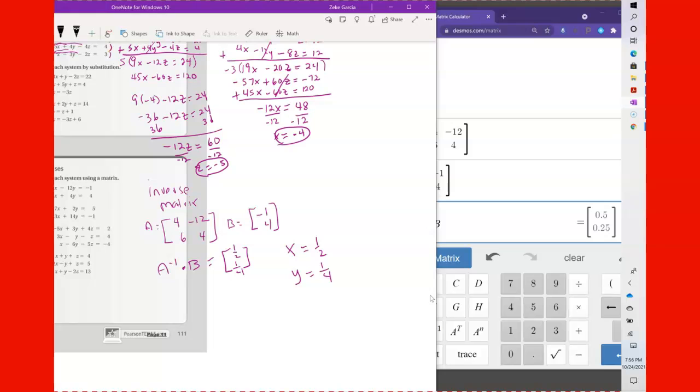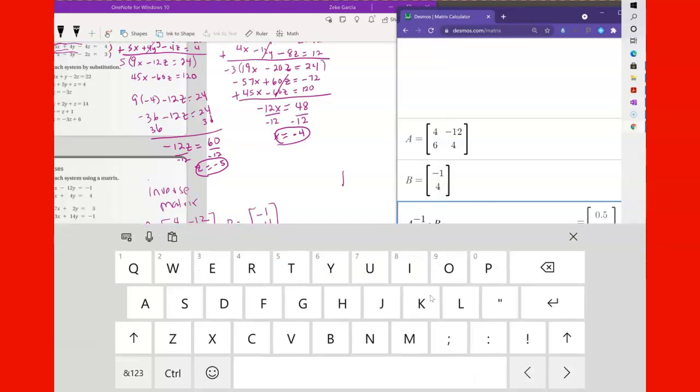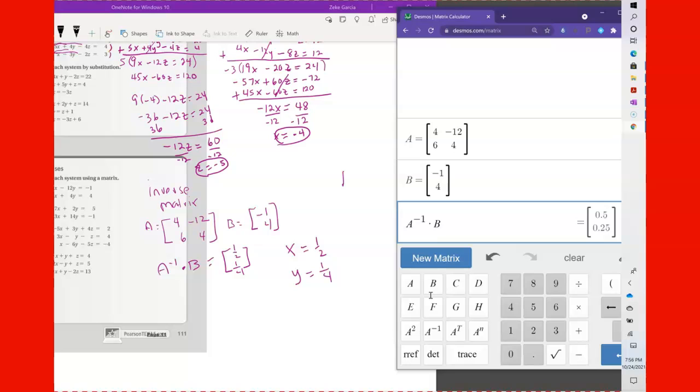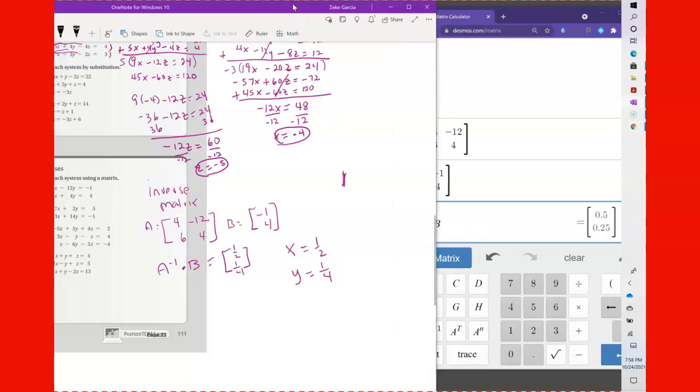And if you want to check with the augmented matrix, we can do that also. Let me write down the augmented matrix. That means you're going to use the RREF. So it's going to be 4, negative 12, negative 1, 6, 4, and 4.